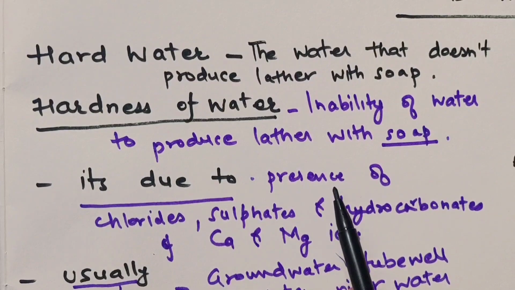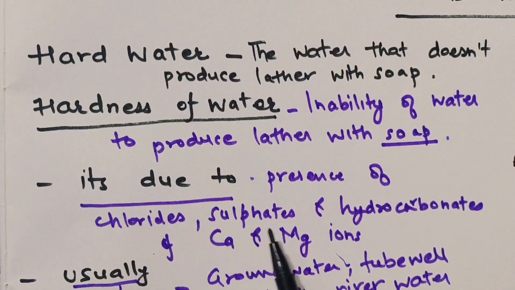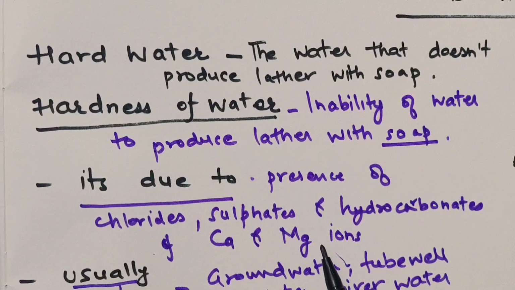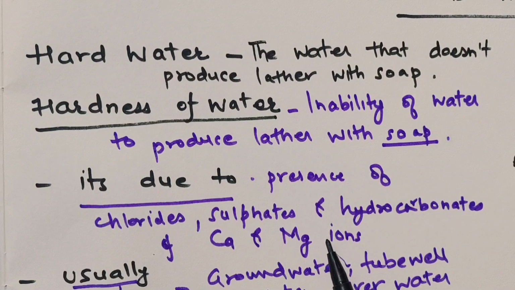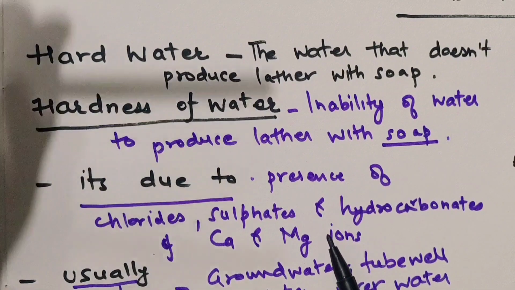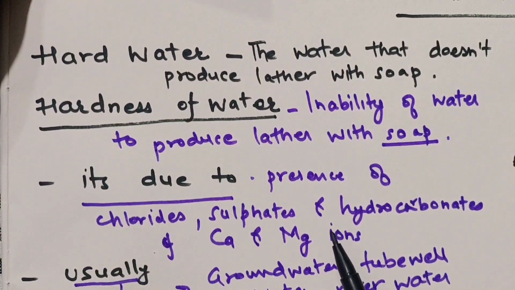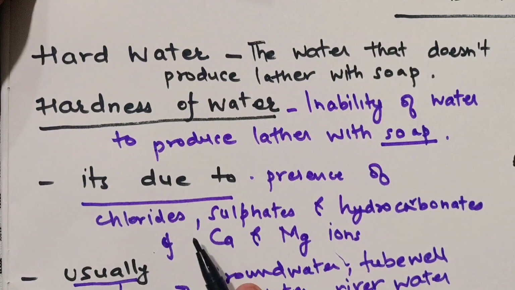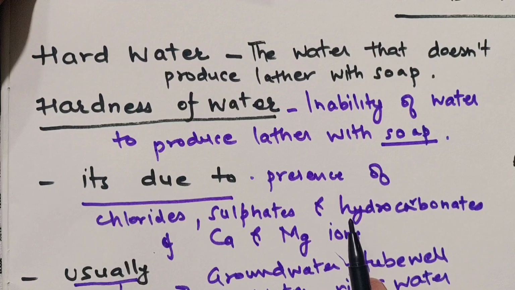It's because of the presence of chlorides, sulfates, and hydrogen carbonates of calcium and magnesium ions. When groundwater or river water passes through some sort of rock formations, they leach out some of the salts: these calcium, magnesium, chlorides, sulfates and hydrogen carbonates.